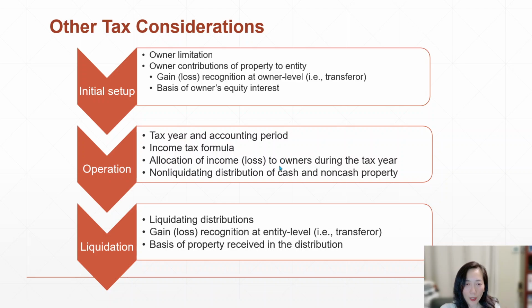And from a distribution side, if there's any non-liquidation distribution of cash or non-cash property to the business owners, how to treat those distributions from the owner's perspective and from the business perspective. And finally, when the business winds up and there's a liquidation distribution, what's the impact from a business owner's perspective as well as the entity's perspective.